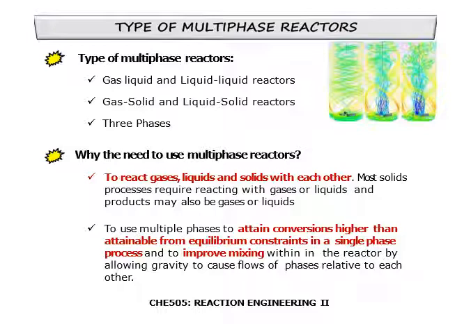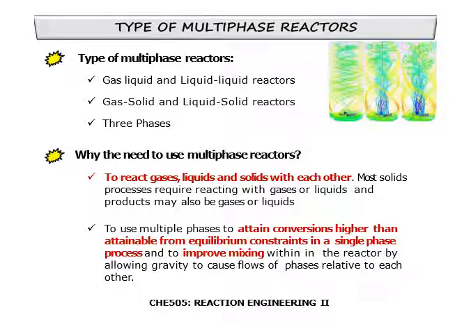So the types of multiphase reactors are gas liquid, gas solid, and liquid solid reactors, or three phases, which means gas, solid and liquid reactors. So why do we need to use multiphase reactors? Because especially solid processes require reacting with gases or liquids.